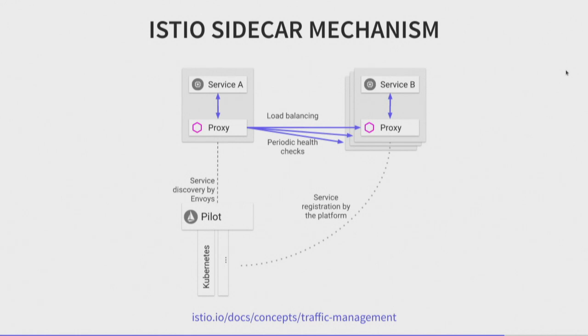Just a quick note on the sidecar mechanism. How it works is that Istio will deploy proxy services next to every instance of every microservice.